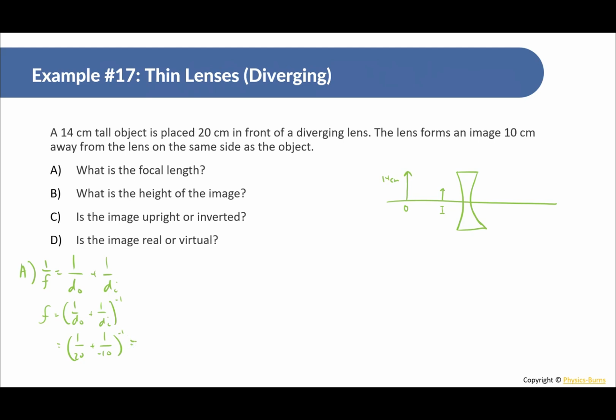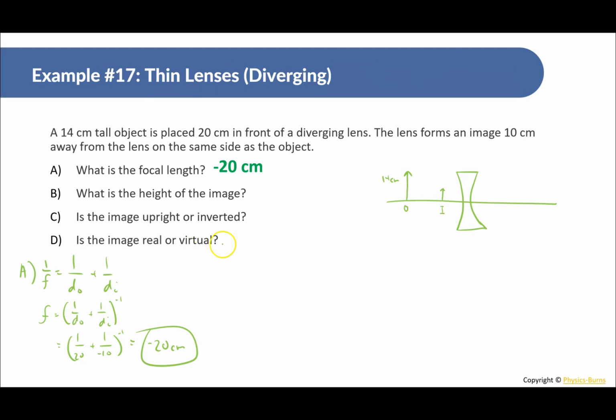Inverse of that, let's figure this out: 1 over 20 minus 1 over 10. So the focal length is going to be negative 20 centimeters. This negative tells us, again, that it is a diverging lens.